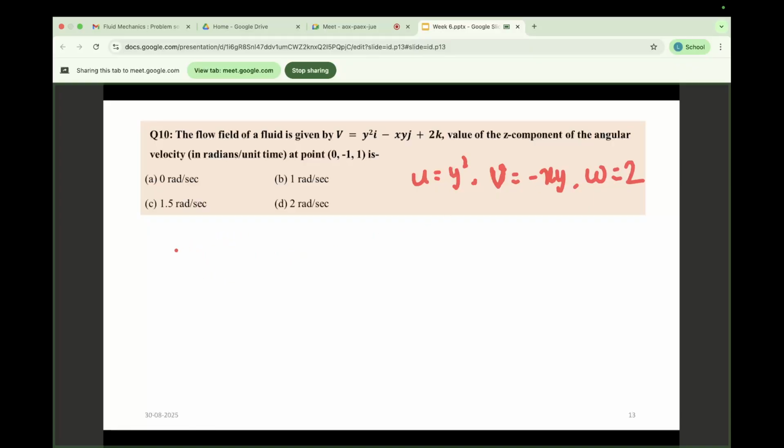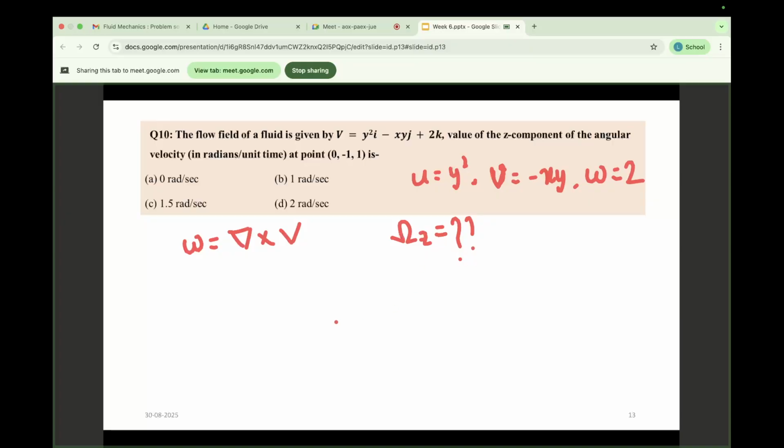Okay. So we know this angular velocity omega involves the curl of this vector V, right? So this thing you know. So here we are asked to find the z component. I have to find this, this is the question.